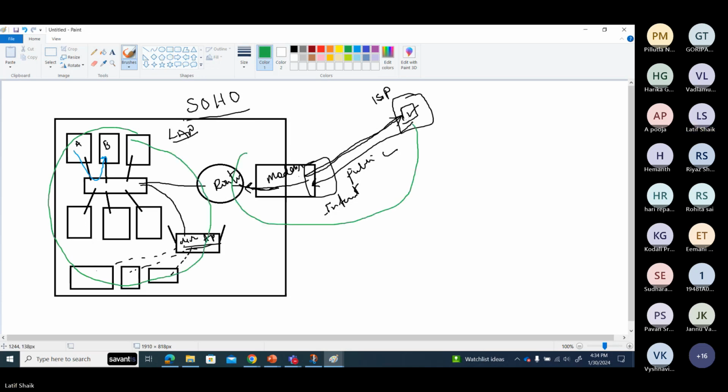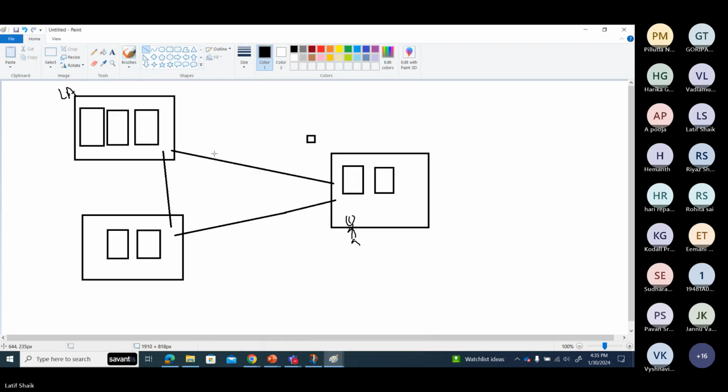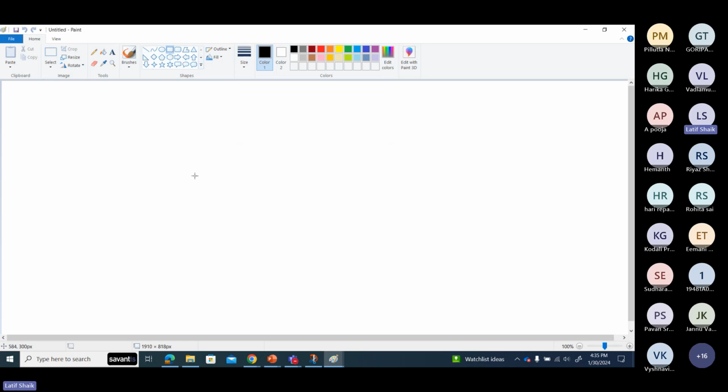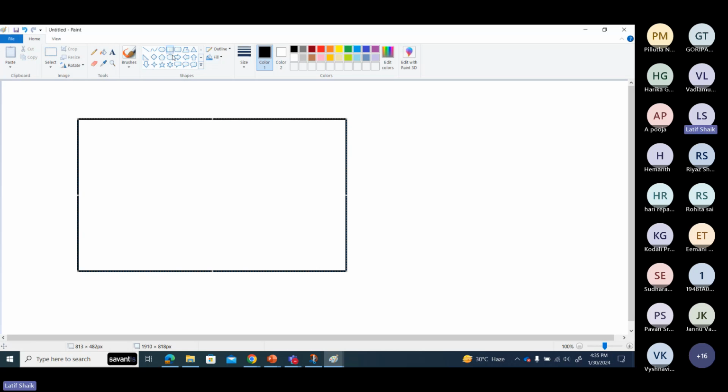The router makes communication between different networks. So this is our home office, a small office kind of network. Nowadays, we are getting it in a different way. You may not see so many of these devices in your home or office. In an office, what do we have? Anybody tell how we are getting internet?